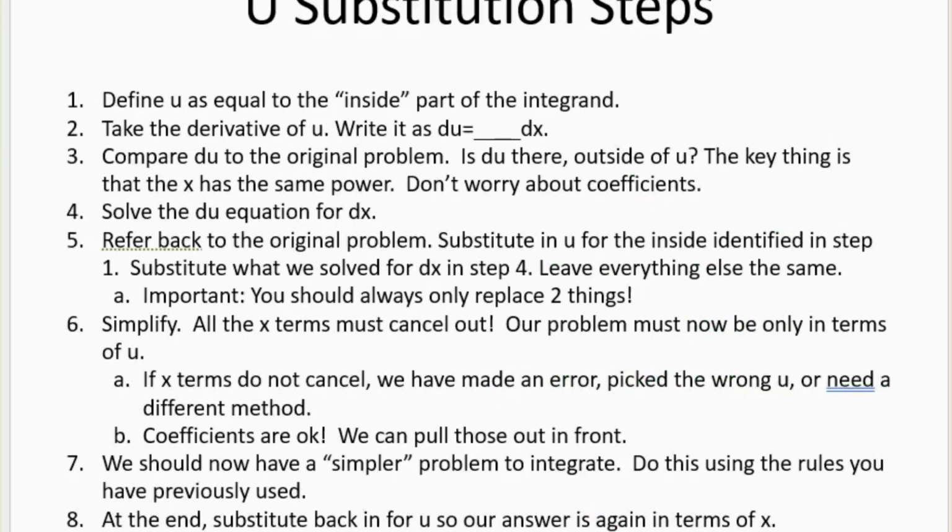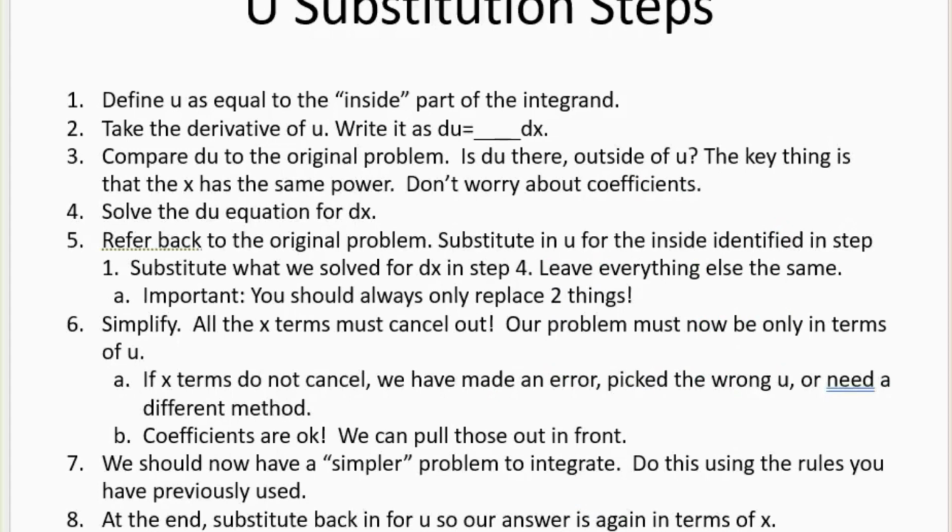We're going to do quite a few examples together, but I know some people really like to have a layout and a very linear step-by-step process. So here's what happens in U substitution. We're going to define u as a part, typically the inside of our integral. This could take a little bit of practice.